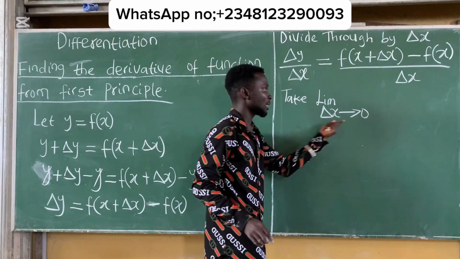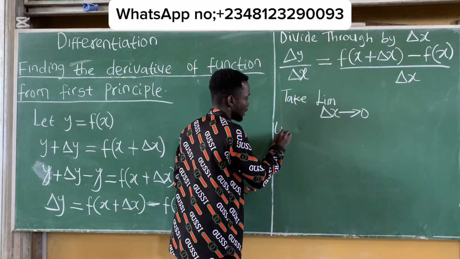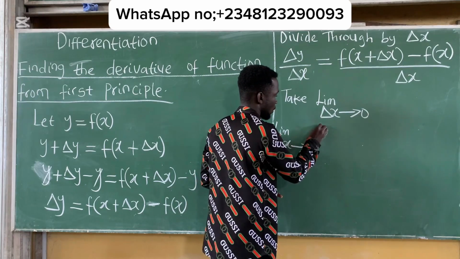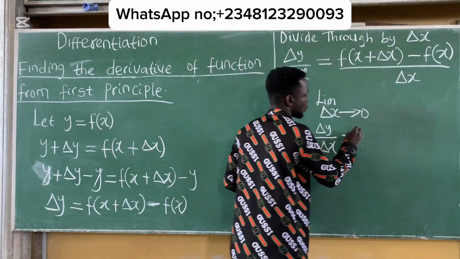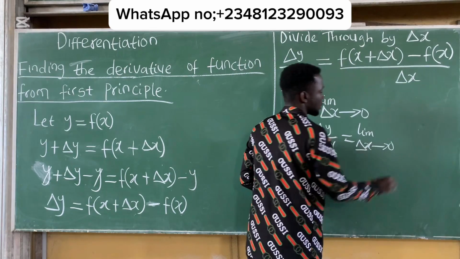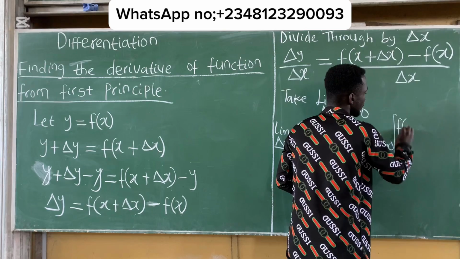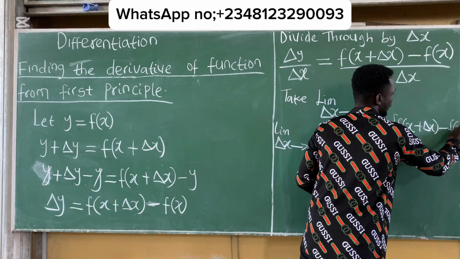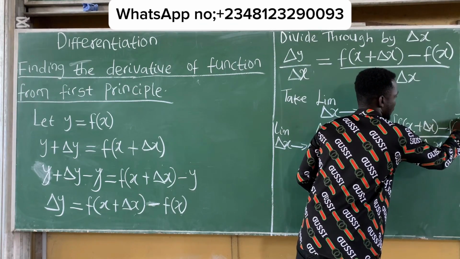Now the limit as delta x tends to 0 here, I'm going to have limit delta x tends to 0 of delta y all over delta x, equal to limit delta x tends to 0 of f of x plus delta x minus f of x divided by delta x.